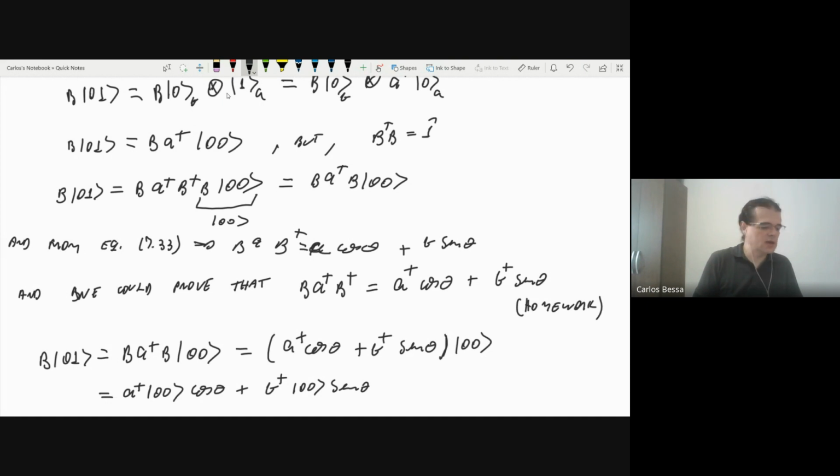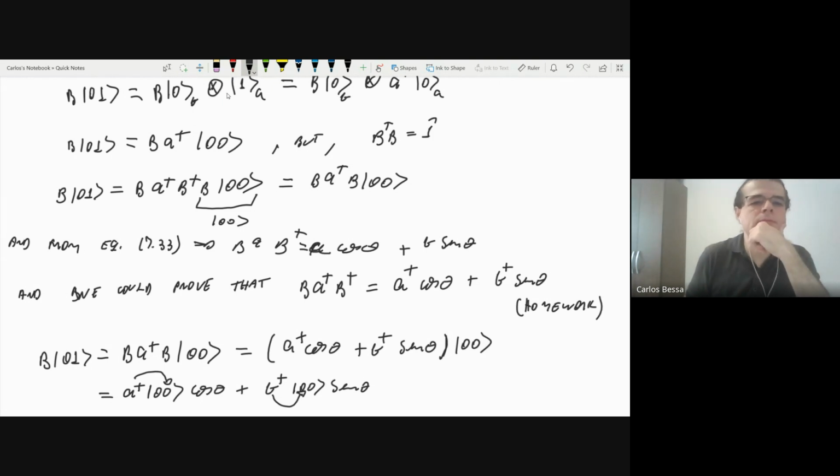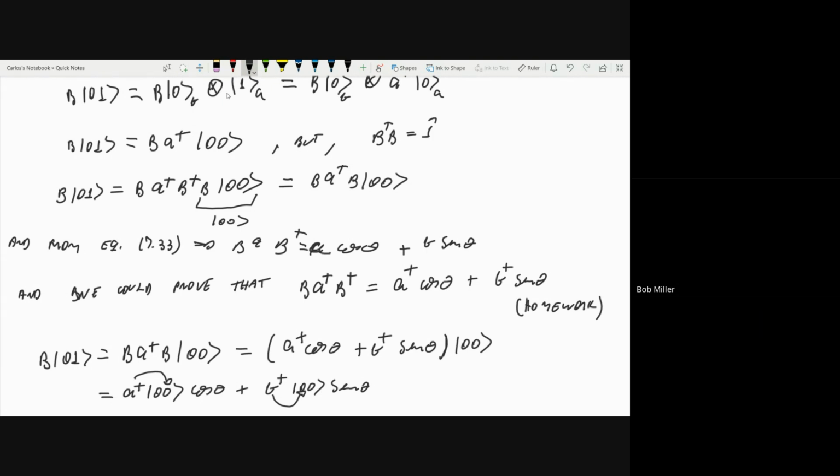There's a question from Bob. Should B ket 00 have a dagger? Yeah, I'm looking at the equation. It's 1, 2, 3, 4 lines up from the bottom of your whiteboard, or 5 lines, excuse me.